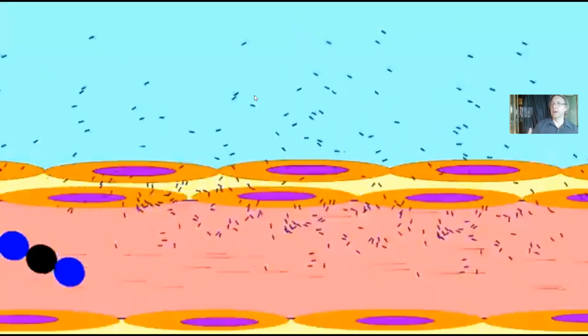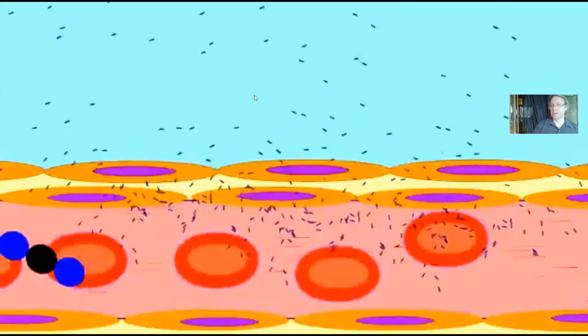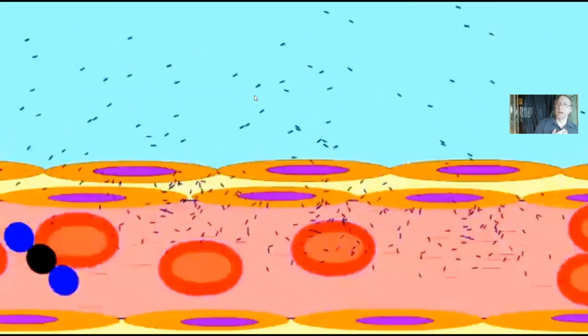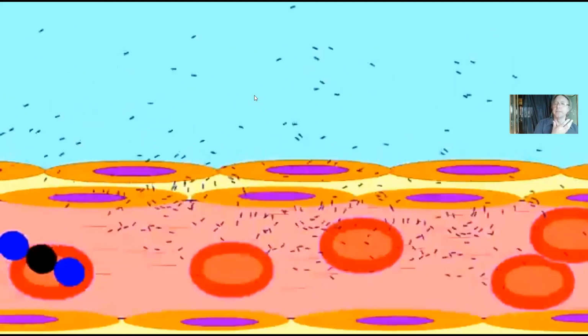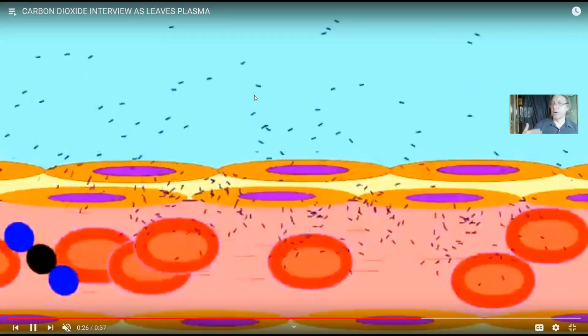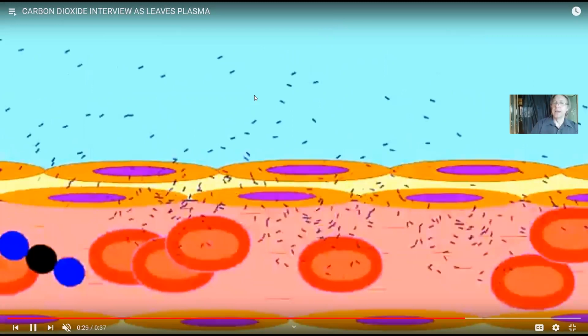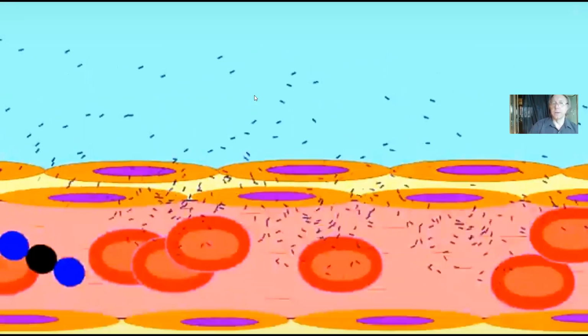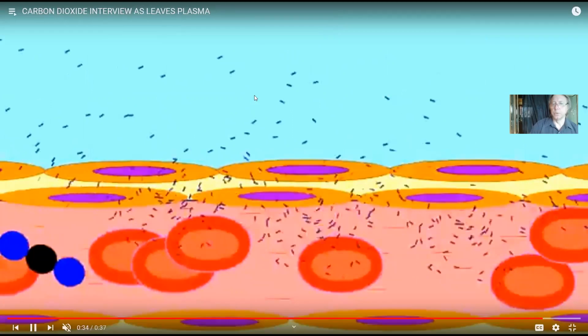And from there, the carbon dioxide can travel from the air sac through the bronchioles to the tertiary bronchi, secondary bronchi, primary bronchi, to the trachea, to the larynx, to the pharynx, to the nasal cavity, and then come out your nose. And so that is how carbon dioxide, which starts in your tissues, can then end up going into the organs of your respiratory tract, and then leaving.